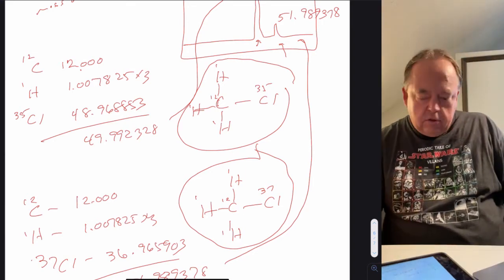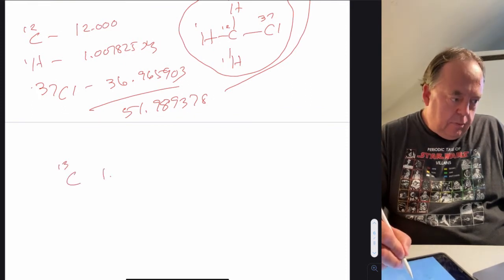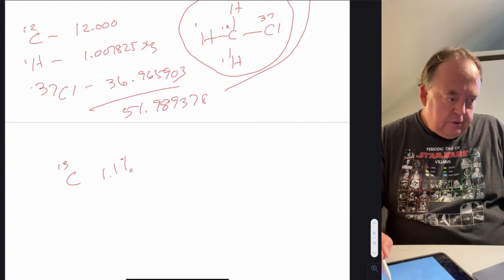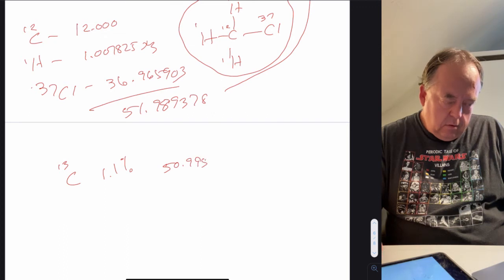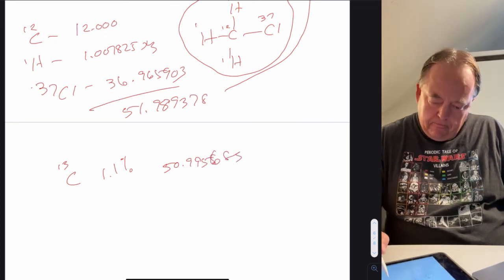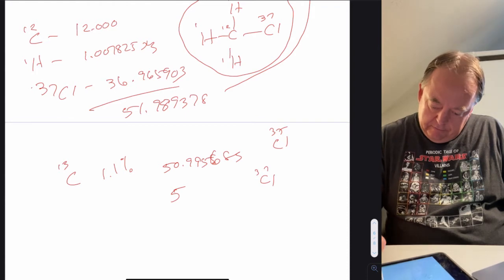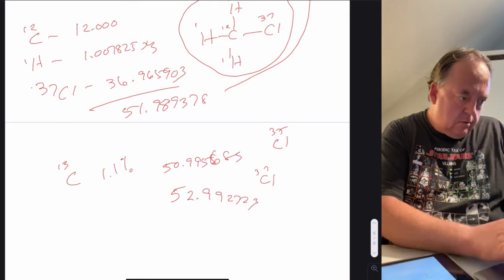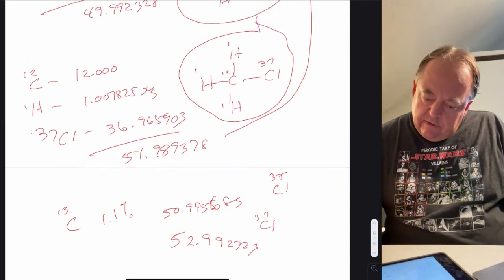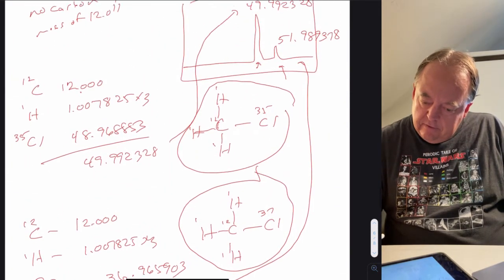So there is some carbon 13 in nature, but it's only 1.1%. So if you added up the masses with the carbon 13, with the chlorine 35 and chlorine 37, then instead of a carbon 12, if you had a carbon 13, you would see a peak at 50.99.